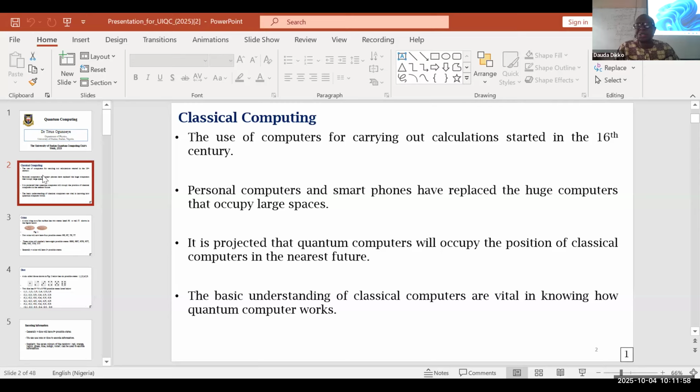But as technology advanced, many things came into place. So we now have personal computers on our desktop, and even the smartphones that we all carry along are computers themselves.